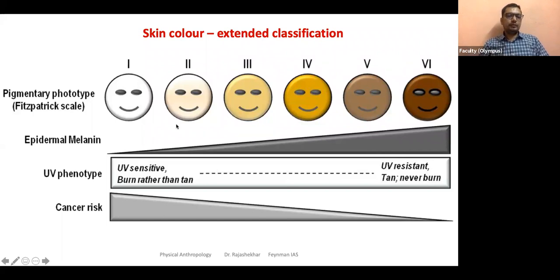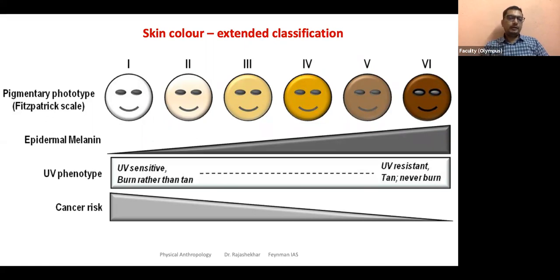If you move from the left to right, they become more and more resistant to UV. And these people experience tanning rather than burning. What happens? They get tanned. They will have a layer that gets formed here. More intensity of melanin pigmentation you see in them, which protects them. They have that ability.